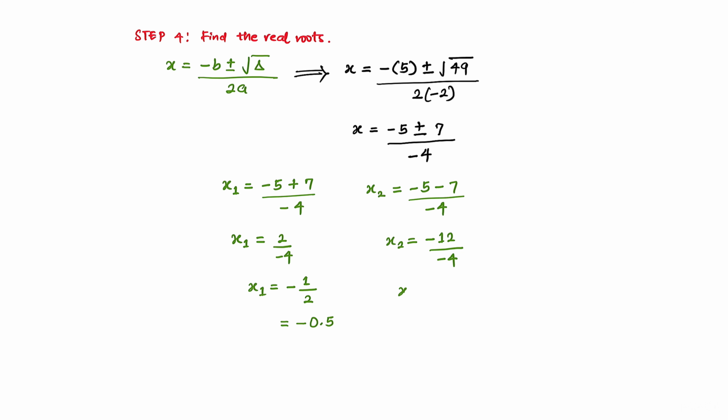So x2 equals negative 12 divided by negative 4. That will give us 3. And the two real roots are minus 0.5 and 3. And that's the solution to this question.